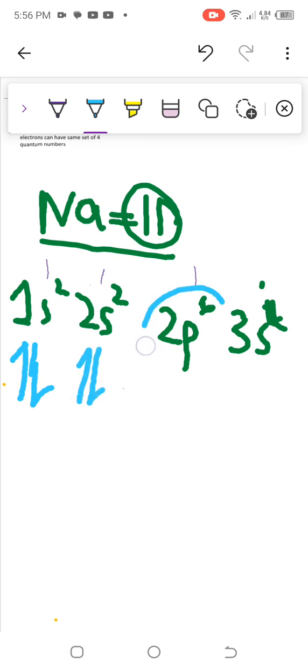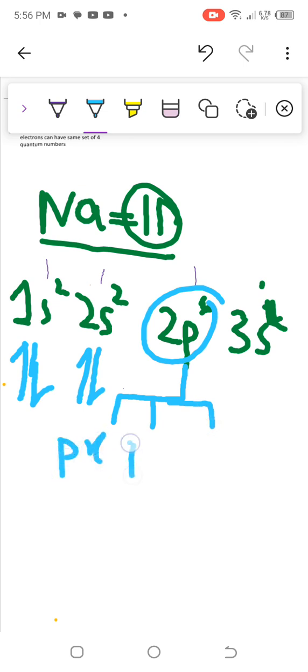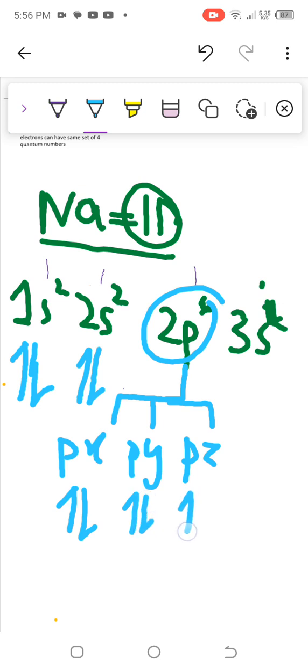Now 2p6, as you can see, 6 will again split into 3 more, that is Px, Py, Pz, according to Hund's law, here we have 1, 1, 1, then in the last we have 1, 1. To complete this we have given 2, otherwise if something is complete, we can remove this 1 2.